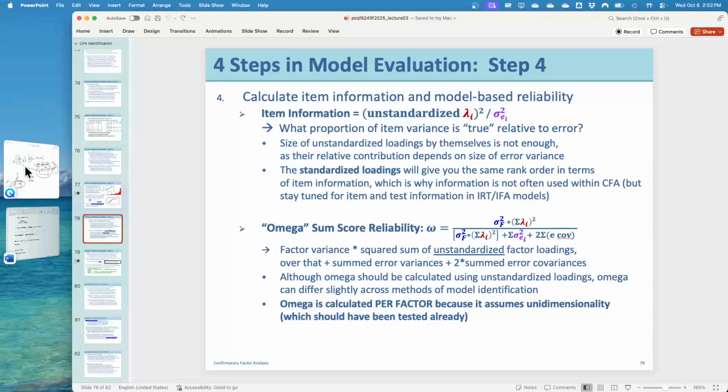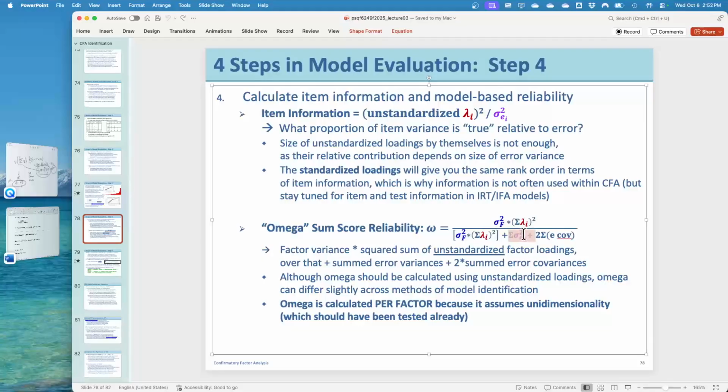I made my factor variance 1, but the sum of lambdas squared times the factor variance is our variance of true score if we summed up the items. And the way you can think about why this is for a sum score, look, there's a sum in this formula. This is for a sum score. The error variance is the sum of the error variances down here, that term.